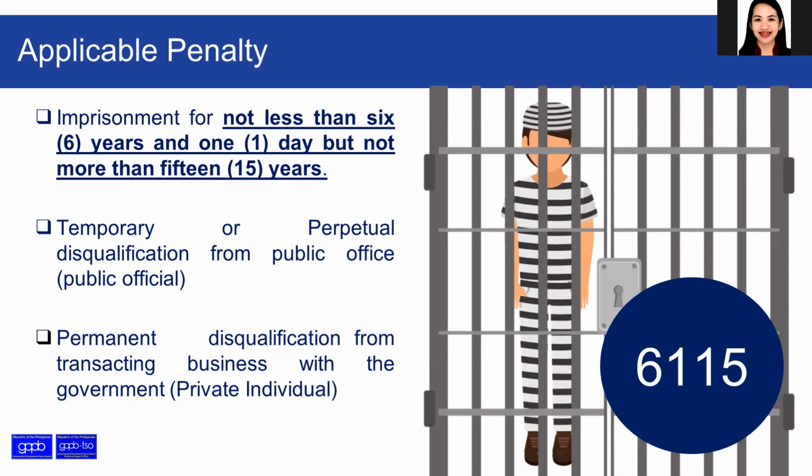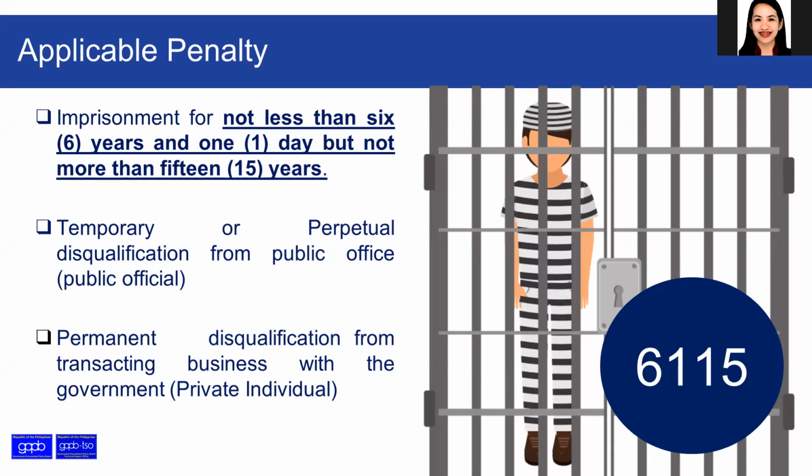Although nakalagay sa slides na yung disqualification is for public official or the disqualification for transacting business is private individual, always remember that, for example, if you're a private individual who was previously found to be liable criminally, administratively, or civilly, under RA 9184, RA 3019, once tatakbo ka sa pwesto, kung nangyari, naisip mo, hindi na ako makabid, mag-mayor na lang ako, vice mayor na ako, mag-governor na lang ako, pa-public office na lang ako. Yung disqualification po, kasama po yun sa inyo.